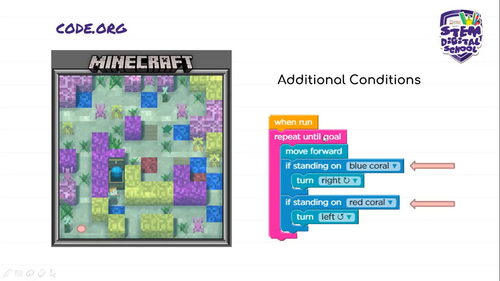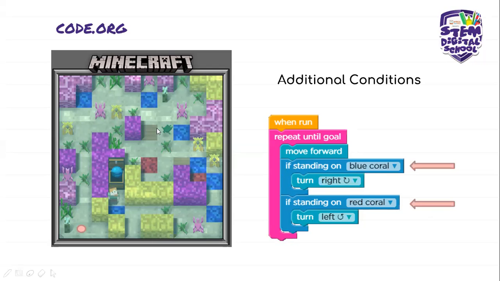Now remember, it is a condition that will run until something is met, until that goal is met. So in this particular puzzle over here, I know it looks nicer on my pad than it does on my computer screen.